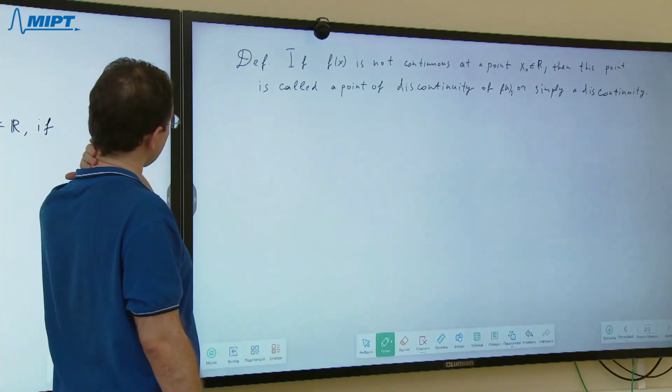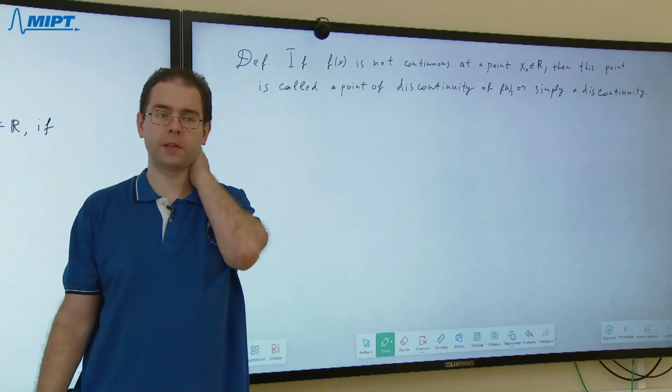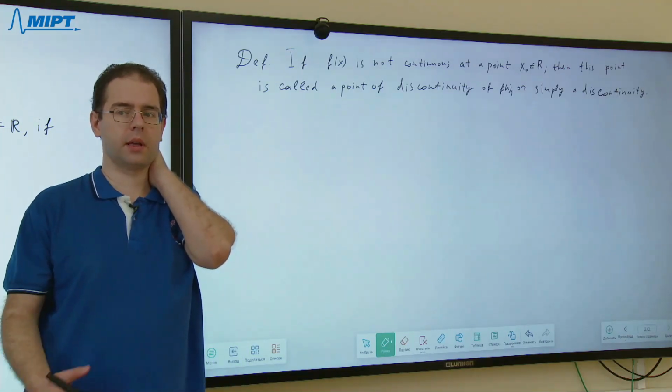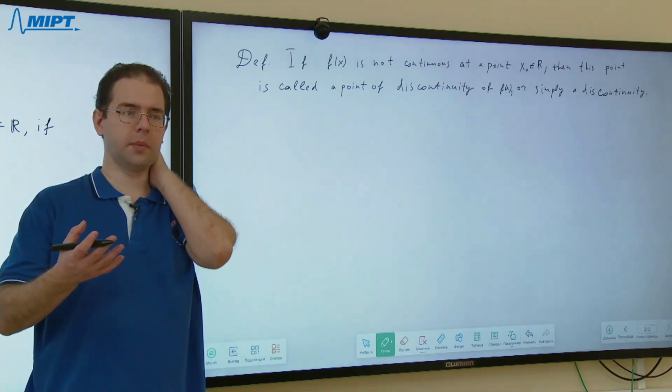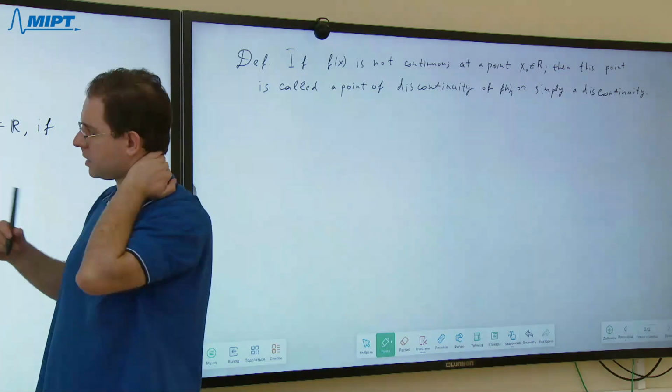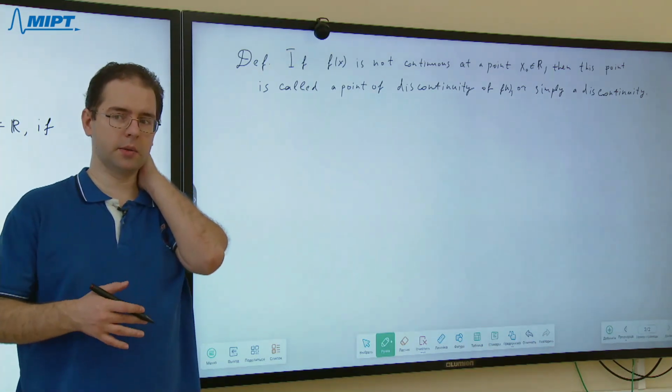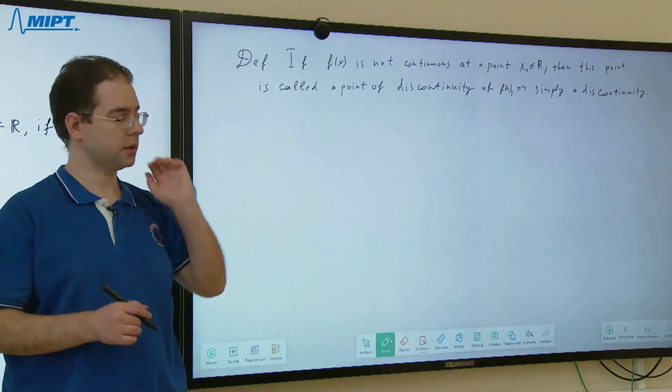Okay, so let's write the definition of x0 being a point of continuity, so the function being continuous, and x0 not being a point of continuity.